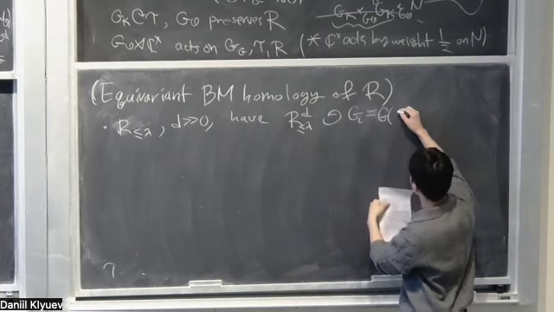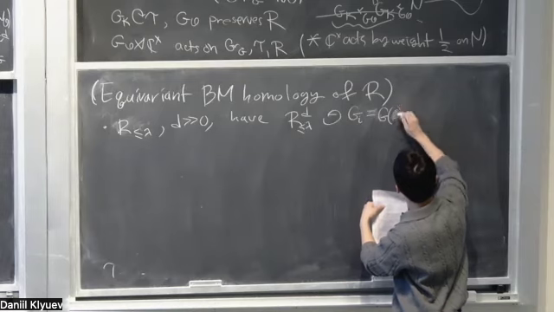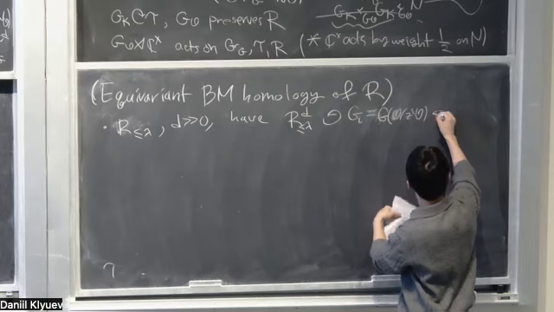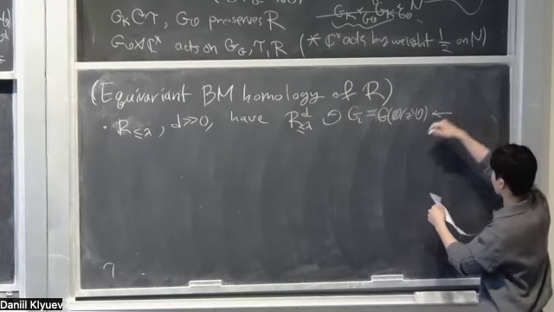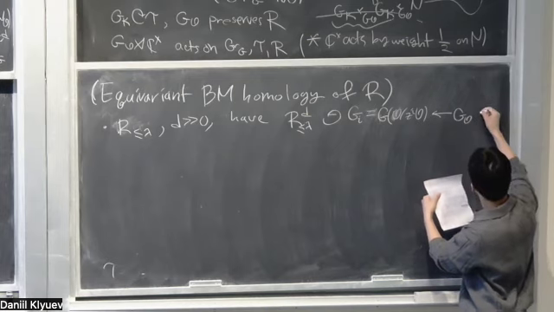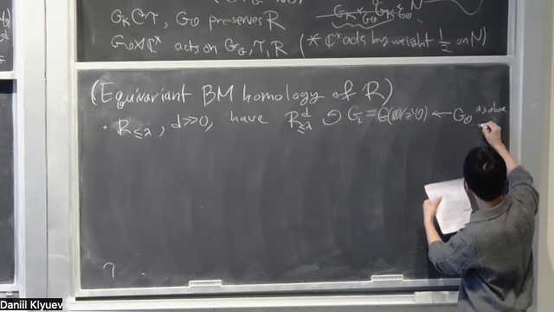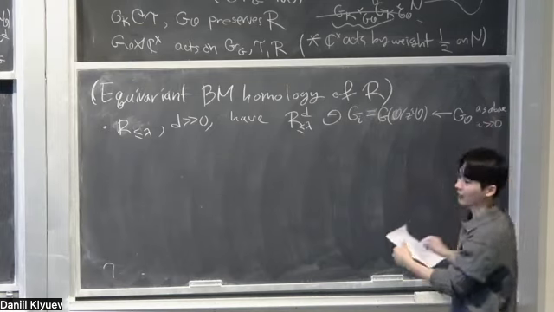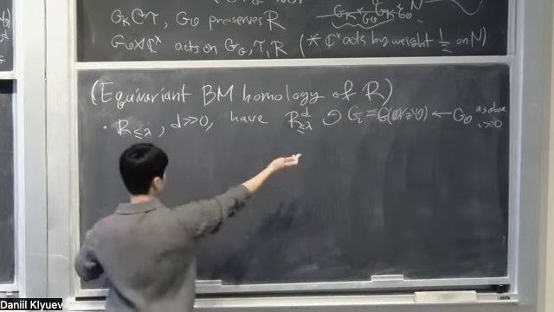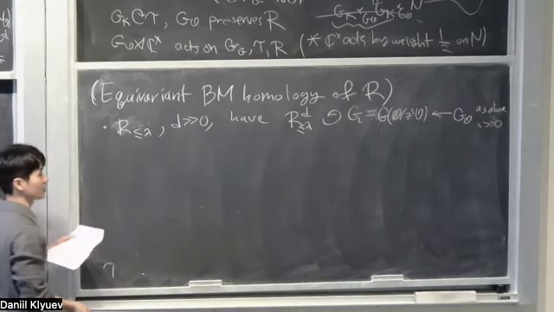Let me write it as a function, for some large enough I, so the action of vectors goes through some finite dimensional quotient.